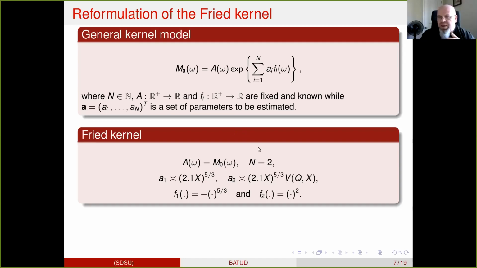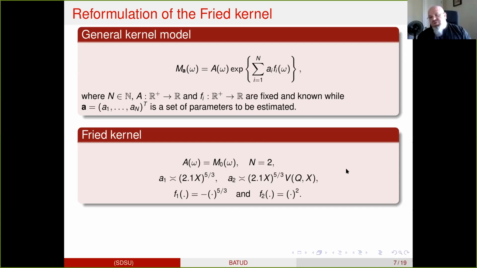If I choose the function F1 to be the negative power to the 5/3, and F2 being just the square function, then if you plug those into this expression, you get back the expression of the Fried kernel. Except that in our case, we get rid of this, and we just use a1 and a2, and we want to estimate a1 and a2.